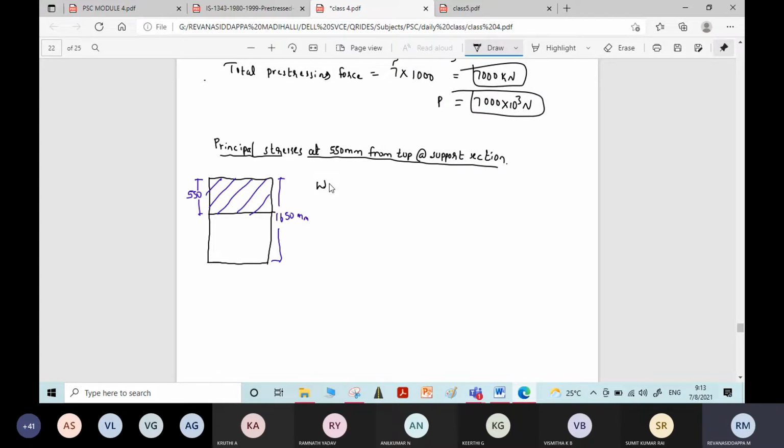We know that principal stresses sigma max or sigma min is equal to (fx plus fy) divided by 2 plus or minus half of root of (fx minus fy) whole square plus 4 tau v square, is the formula. Now you find one by one.